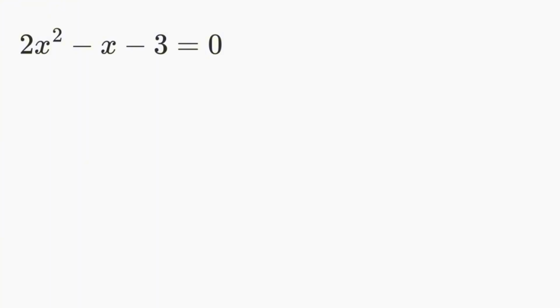Here we have 2x squared minus x minus 3 equals 0. Let's start with our quadratic formula. x equals negative b plus or minus the square root of b squared minus 4ac, over 2a.